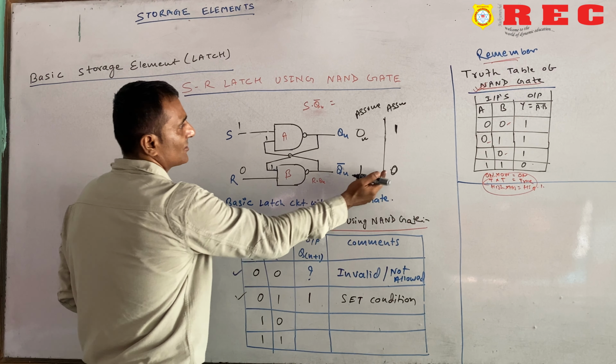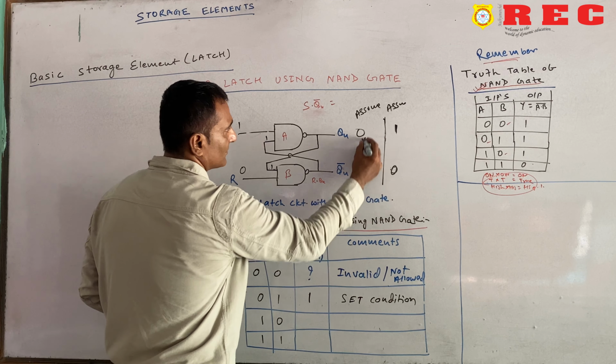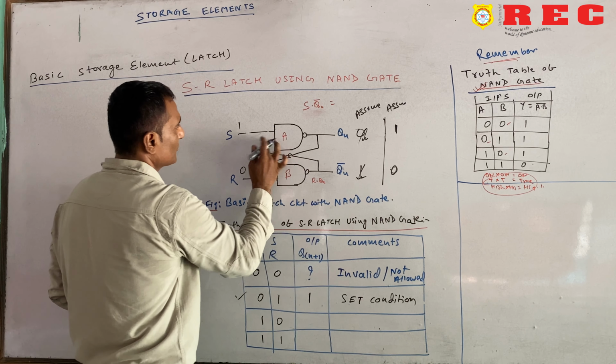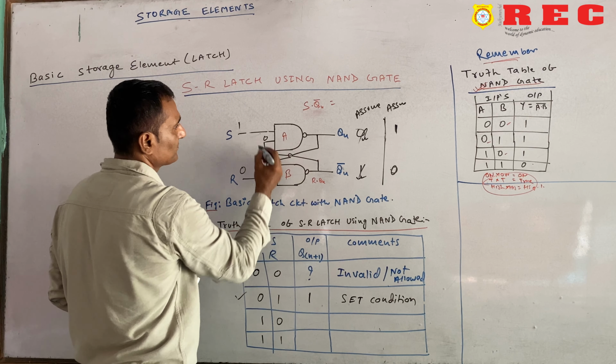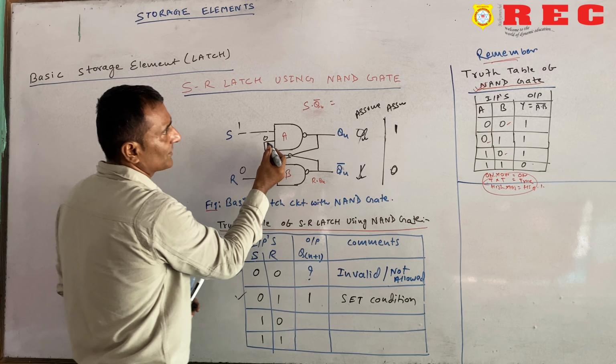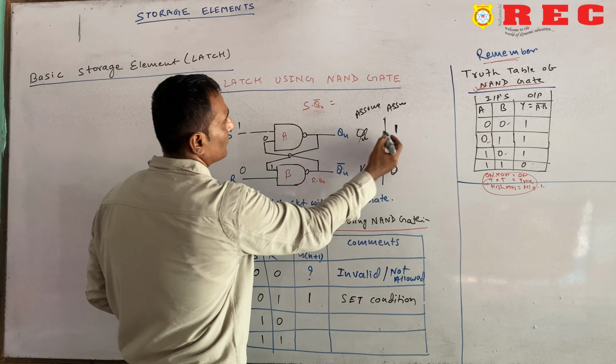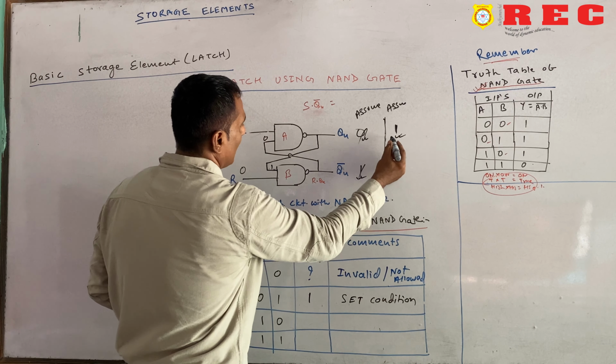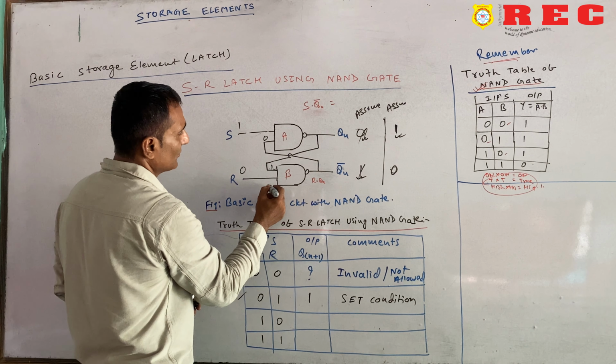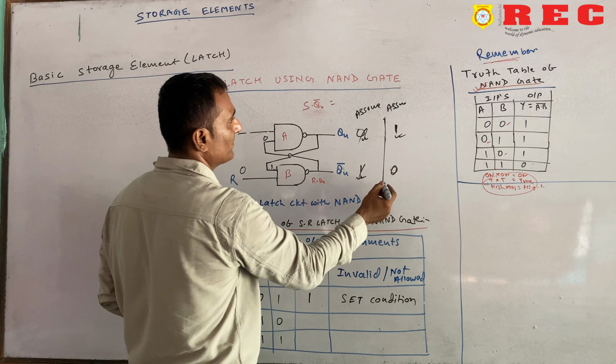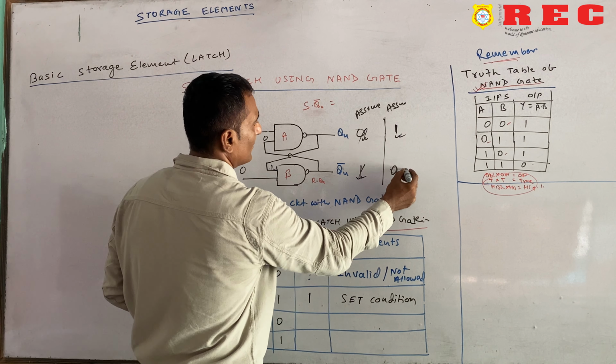Here this is 0. Now we repeat this one. So this is 0. 0 into 1 by the truth table is 1, and this 1 will come here, 1 and 0. So 1 and 0 it will be 1.